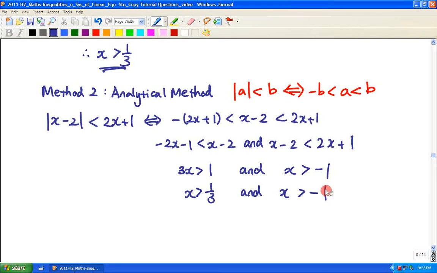Since it's an 'and', we take the intersection. Draw out the number line. Taking the intersection, you should easily see that the final answer is just x is greater than 1/3.